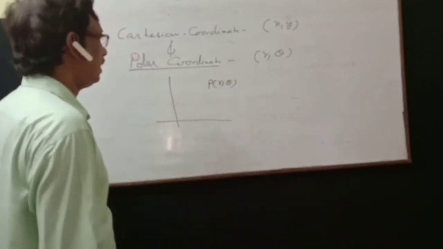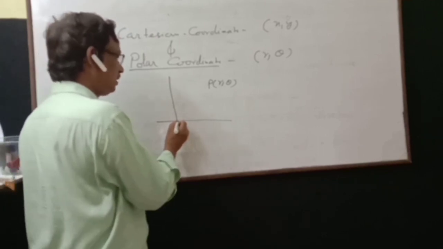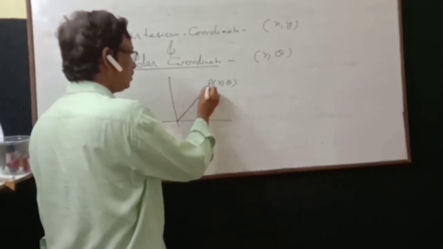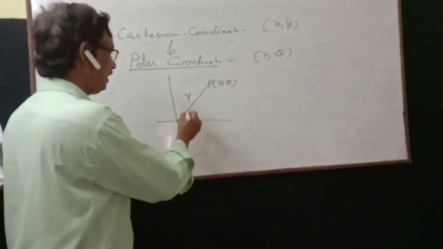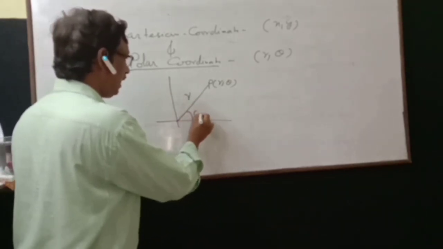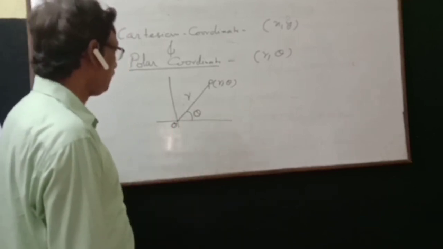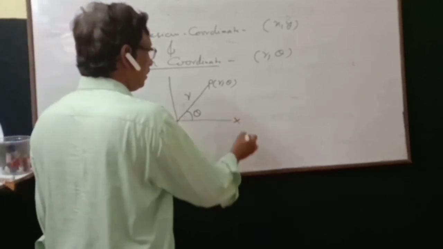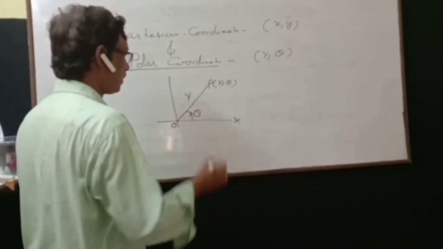R and theta: the distance of the point from the origin O to P is represented by r, and theta is the angle which the line OP makes with the positive direction of the x-axis.